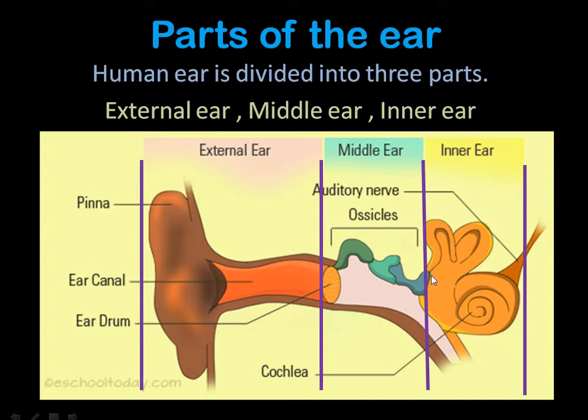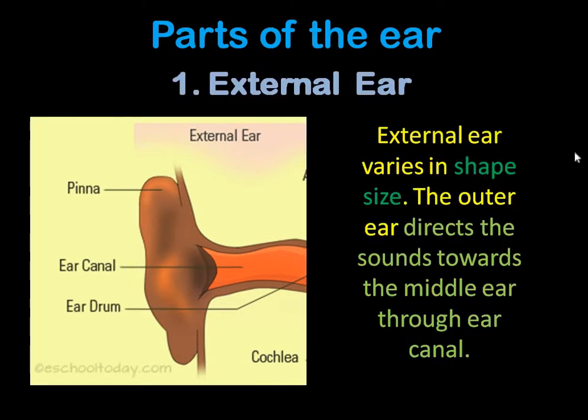From the middle ear, these vibrations pass through the inner ear, and then from the inner ear, the brain is connected through the nerves, and then the message, whatever you are hearing from the ear, it passes to your brain. Okay. So let's do the parts one by one now.